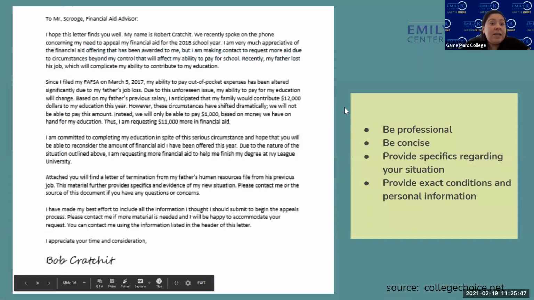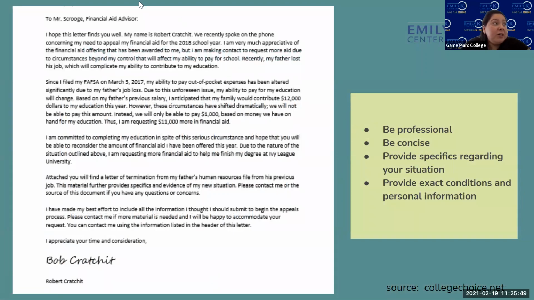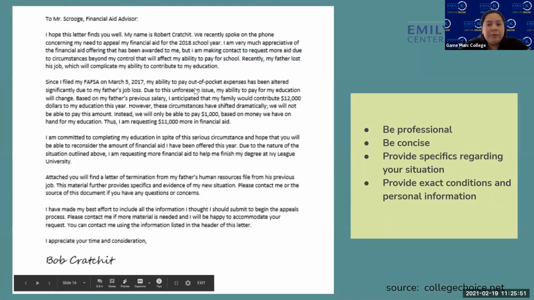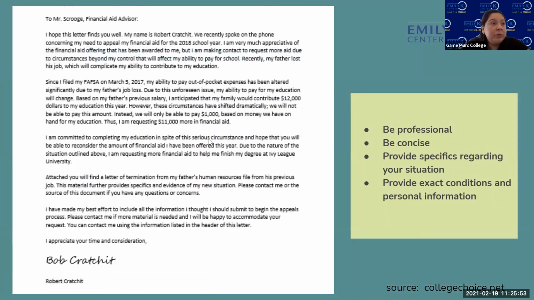Then you want to send an email, reach out to your financial aid office. This is a letter, so we can condense this a lot and send it in email form. But you want to be professional, short and to the point, concise, and provide specifics on your situation and conditions on that situation. So you could say, greetings to your financial aid advisor. I hope this email finds you well.